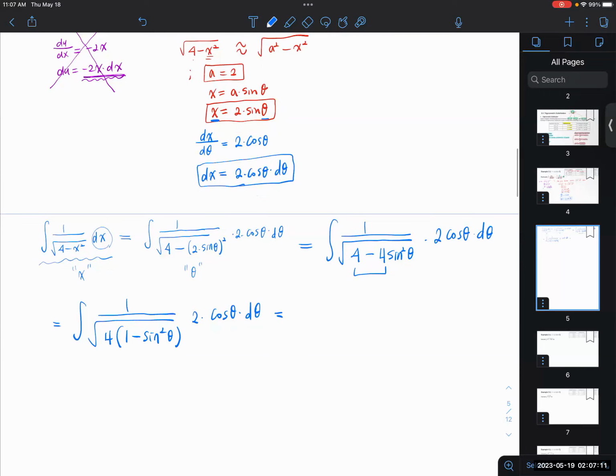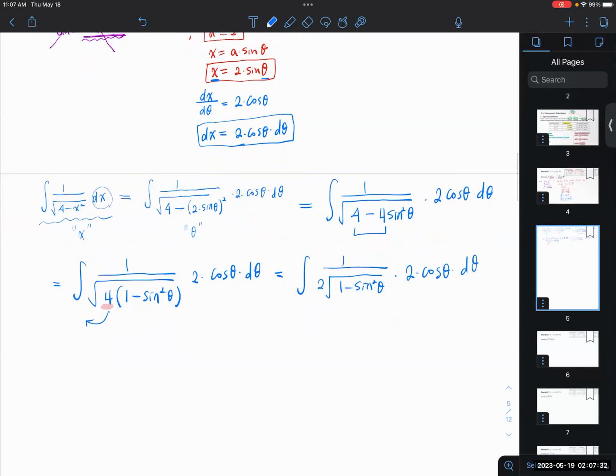The radical of 4 is 2, so I can take it outside the radical. So the integral of 1 over 2 times the radical of 1 minus sine squared theta, 2 times cosine theta d theta. Then I can cancel the 2 up and down, so we have 1 over the radical of 1 minus sine squared theta, times cosine theta d theta.